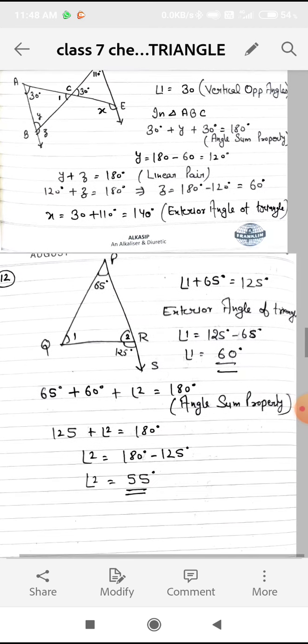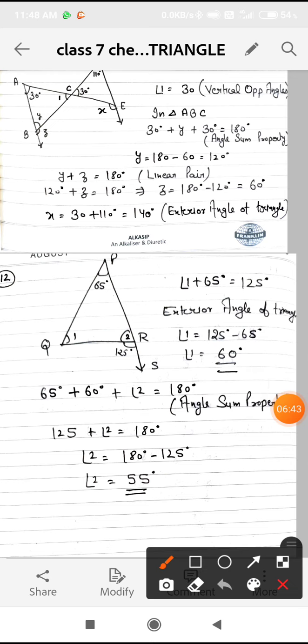The last question of the exercise is a very easy question. What we have here is an exterior angle. You can see this side is produced and 125 is the exterior angle. So 125 is equal to 65 plus angle 1. You move 65 to the other side because I want to calculate the value of angle 1.